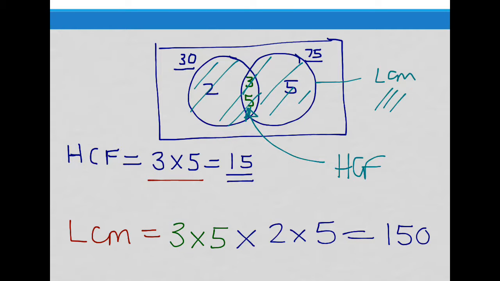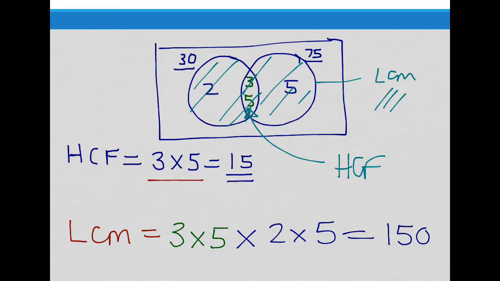So that's the shaded in part. It means that I need the 2, the 3, and the 5 only once, and the 5. And that gives me my lowest common multiple, all from one diagram. Right, press pause. Make sure you fully understand that. Go back, listen to it again. Make sure you're there before we move on.